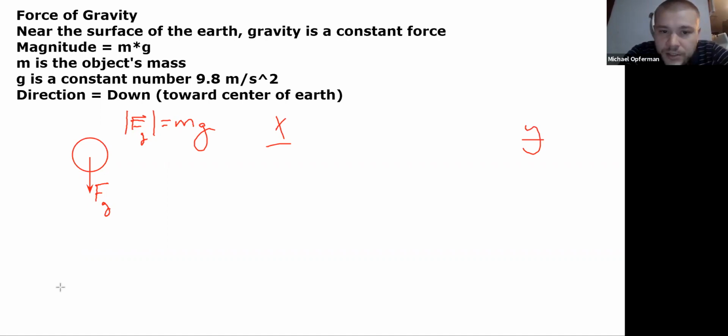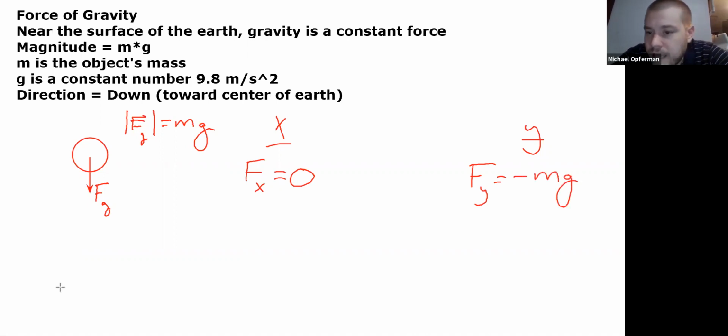In the x direction, there are no forces acting on the object. There are no forces with x components in this problem. In the y direction, the sum of the forces in the y direction is simply minus mg, because it's pointing downwards and mg is the value of the gravitational force.